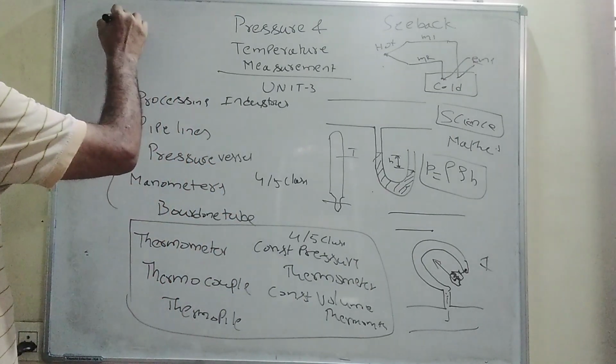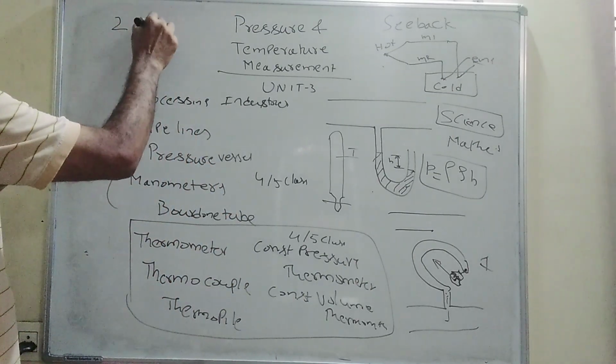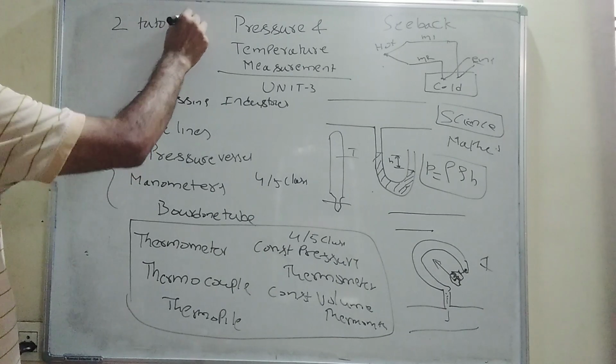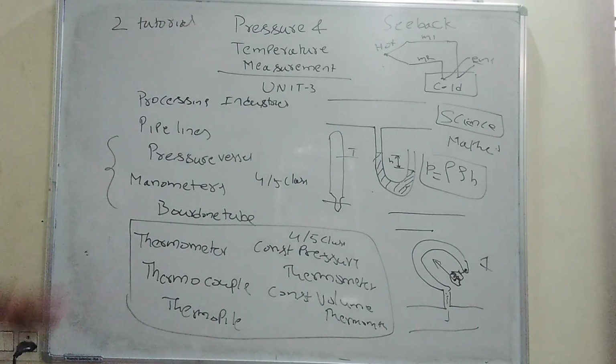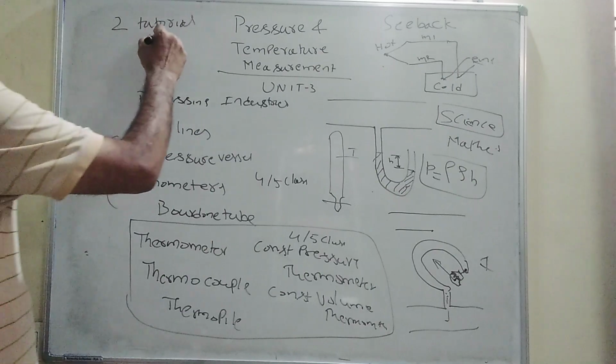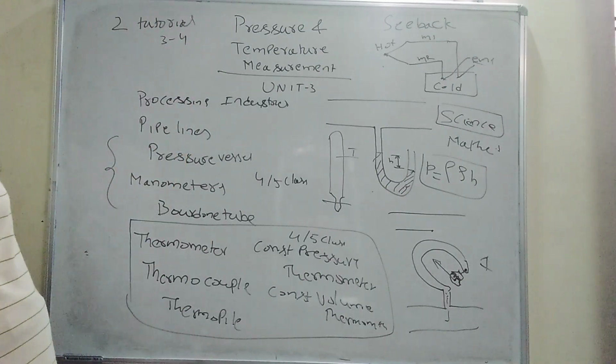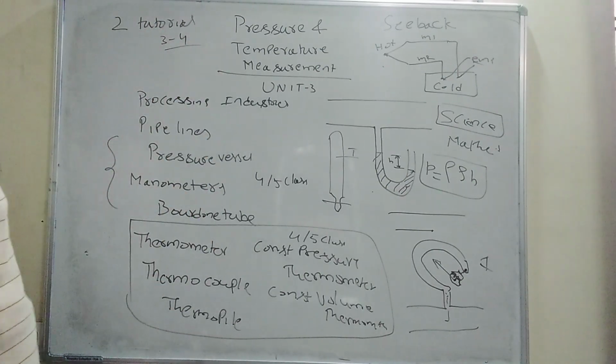Normally 2 tutorial classes you can take. In tutorial classes you can do some problems on manometers, Bourdon tube or thermocouple, some 3 to 4 problems in each class. The students will be solving the problems.